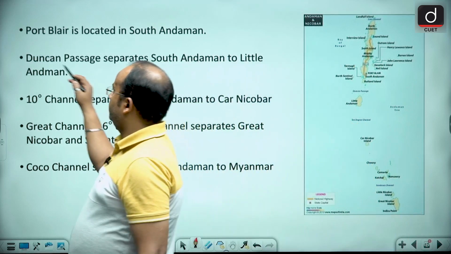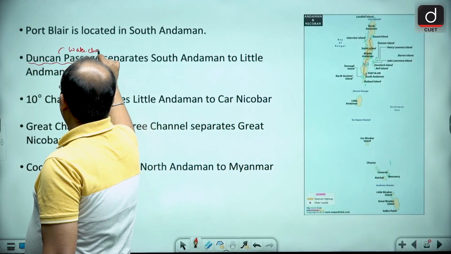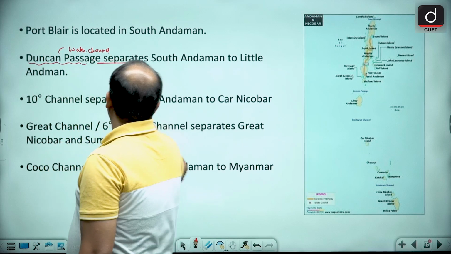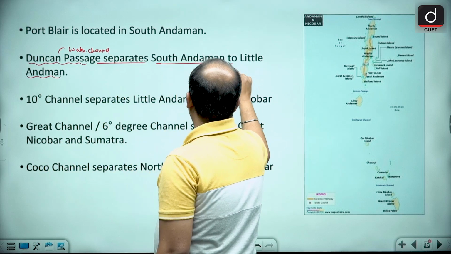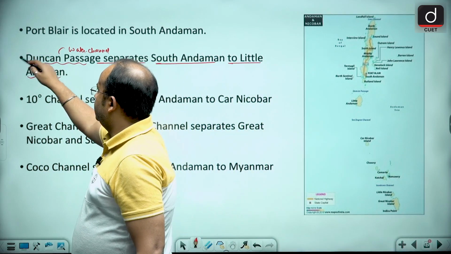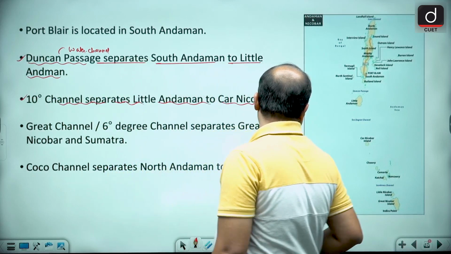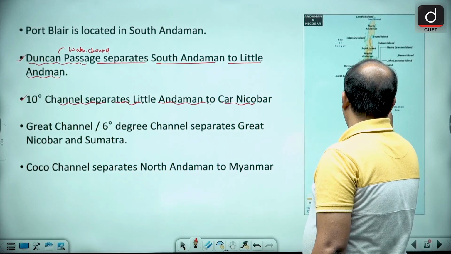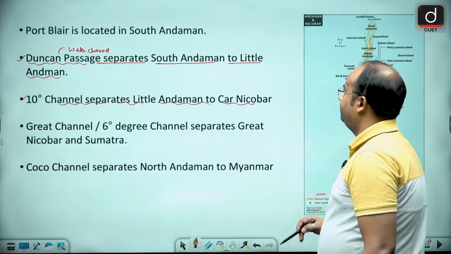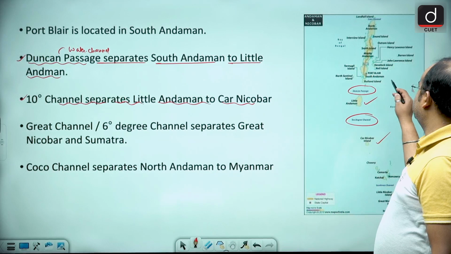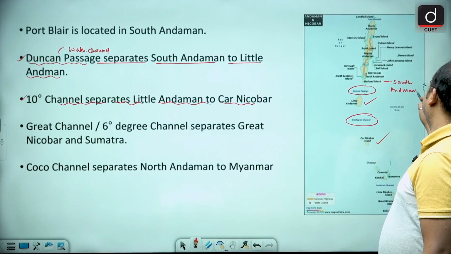Next we have one more water channel called the Deccan Passage. This water channel separates South Andaman from Little Andaman. The 10-degree channel separates Little Andaman from Car Nicobar.